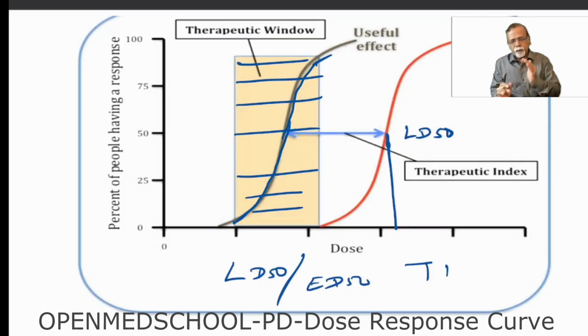Lower the therapeutic index, the margin of safety will be less. So remember what is efficacy, what is potency, what is ED50, what is LD50, the therapeutic window and the therapeutic index.